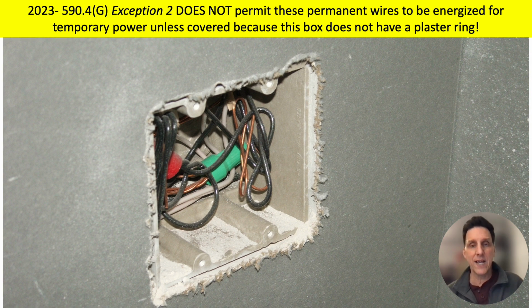Why does it have to have a plastering? Why can't we energize the wires in that box right there for temporary purposes and not put a cover on? There was no substantiation saying this is why the plastering has to be on. Nothing. So that might change for 2026. But right now, you could not energize those wires for temporary power, even if it's GFCI protected.